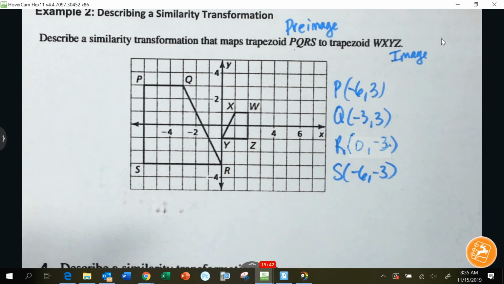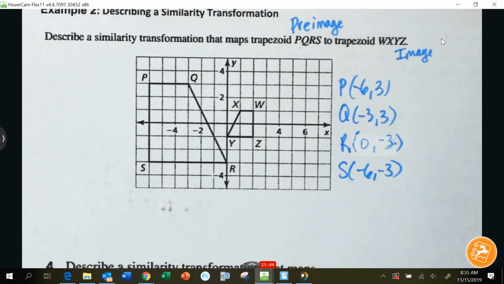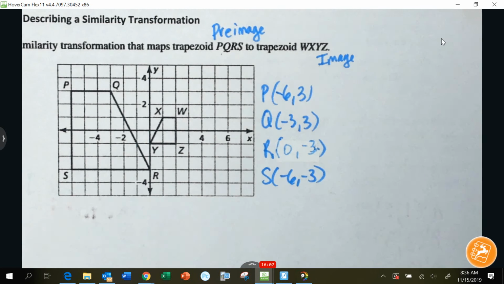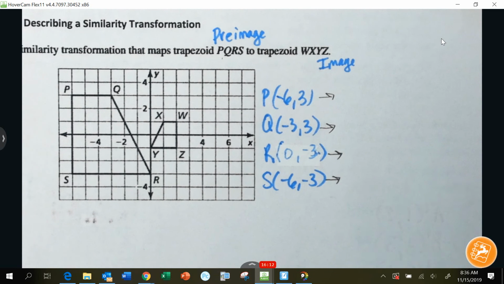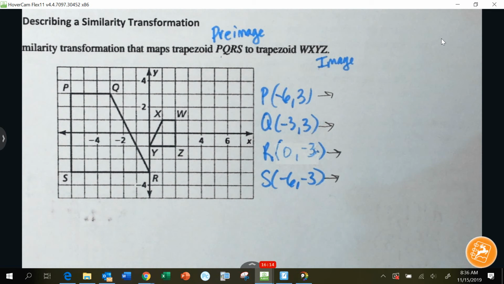Who has an idea? How could I get this one to turn into that one? Aaron, do you have an idea? He says scale factor 1/3. He wants to do dilation, scale factor 1/3. Let's see what happens to the ordered pairs when we do that. Notice I pulled out my pencil just in case this doesn't work.